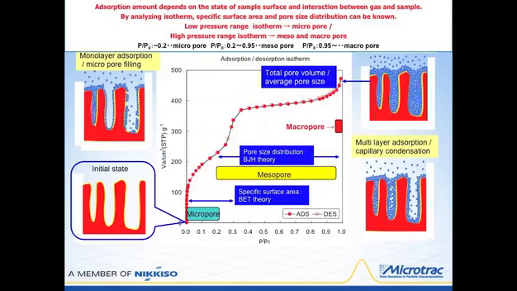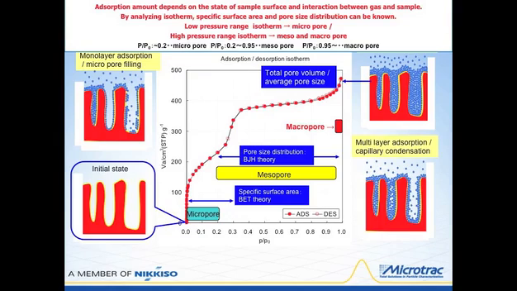Now what I have here is a fairly complex adsorption-desorption isotherm. We start out here at the lowest state, and there's no adsorptive gas available for adsorption. But as we start to increase the relative pressure, we start to see adsorption taking place by micropores.